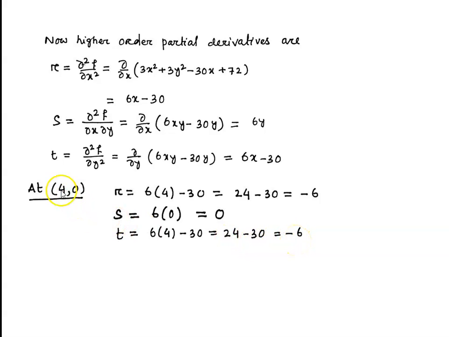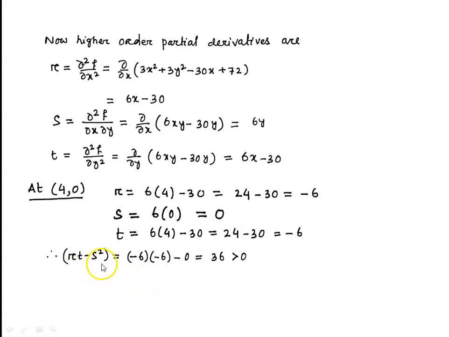So at this point (4, 0), the value of r is minus 6, the value of s is 0, the value of t is minus 6. Now what is rt minus s square? Now rt minus s square is minus 6 into minus 6 minus 0, that is 36, which is a positive number.